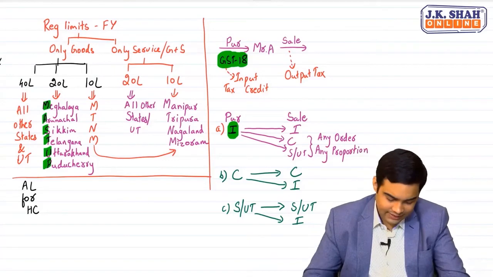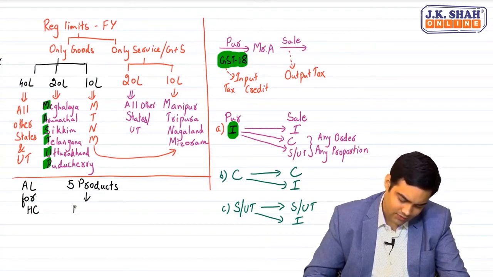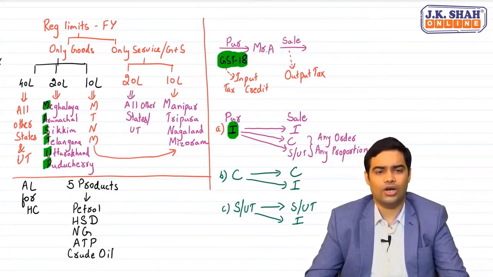Okay. Then we have a category which we would call 5 products. Now, which are these 5 products? In these 5 products, we have petrol, high-speed diesel, natural gas, aviation turbine fuel, and finally, petroleum crude, that is crude oil.